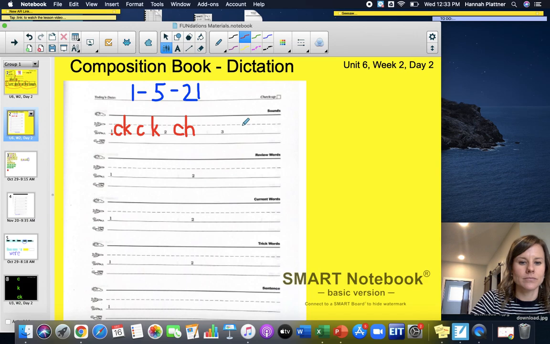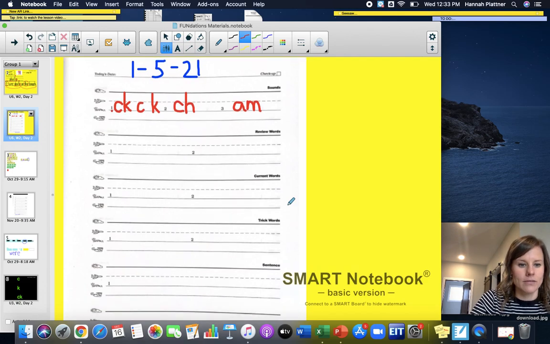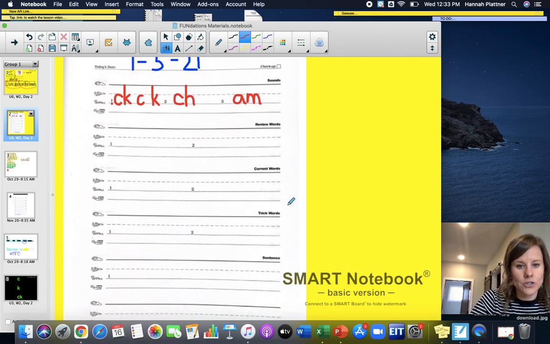Am. I know that is a glued sound. Am. All right, very good. We are on to our review words.